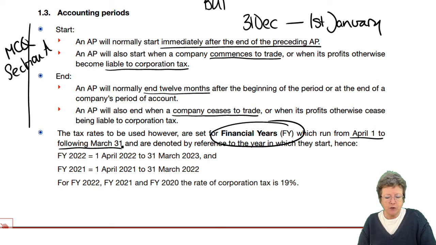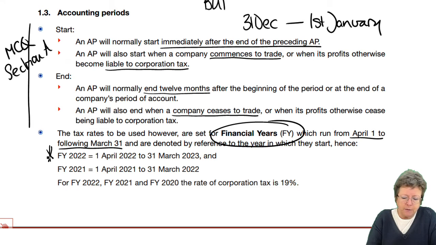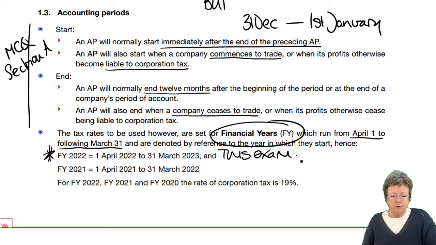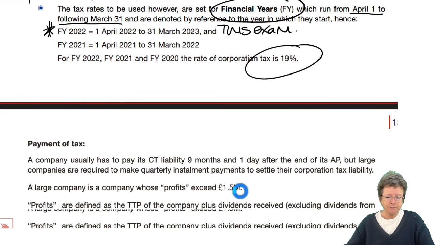So the financial year 2022, which is the one that we will be dealing with in this exam, runs from the 1st of April 22 to the 31st of March 23. And the corporation tax rate has remained static at 19%. That makes working out the tax for companies very, very simple, because it's basically 19% all the way through.